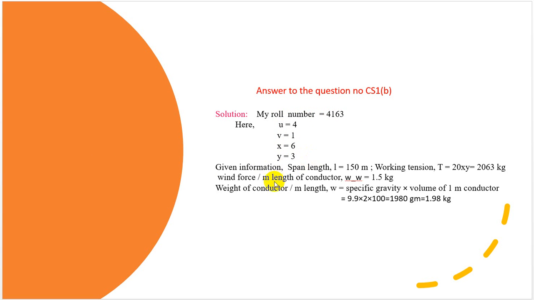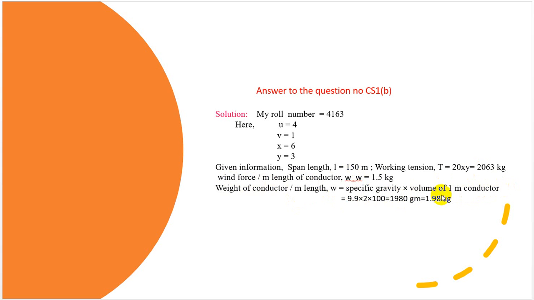And the given information is span length L equals 150 meters, working tension T equals 20xy. If I put the value of xy from my roll number, I get T equals 2063 kg. Wind force per meter length of conductor Ww equals 1.5 kg. Weight of conductor per meter length W equals specific gravity into volume of 1 meter conductor.